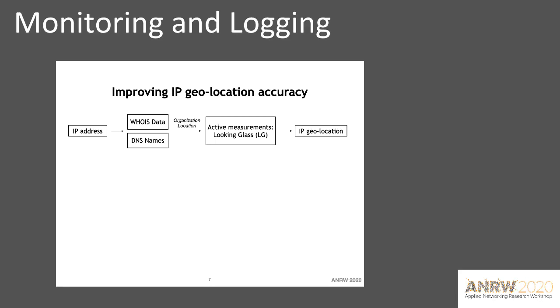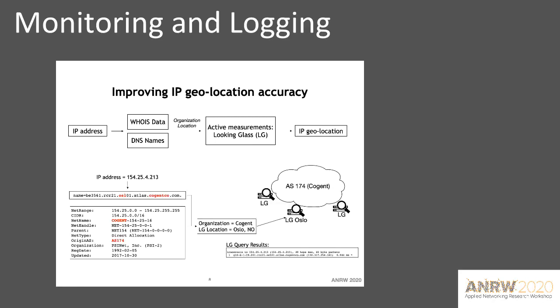Depending on the looking glass query response, we either select another vantage point or we stop the active measurement if we consider that we are topologically close to the probe IP. And we make this decision based on the number of hops and the RTT value obtained when probing the target IP.